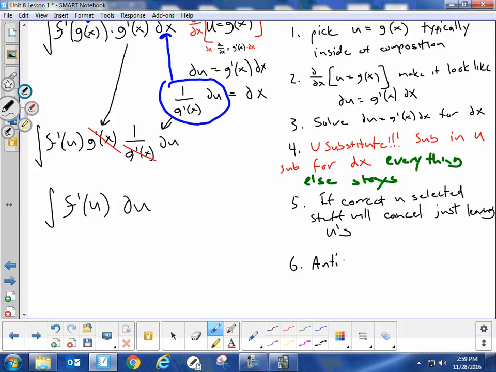We will then antiderive the easier integral. The antiderivative of f prime we'll say is just f. And the last step is to replace that u with g of x.